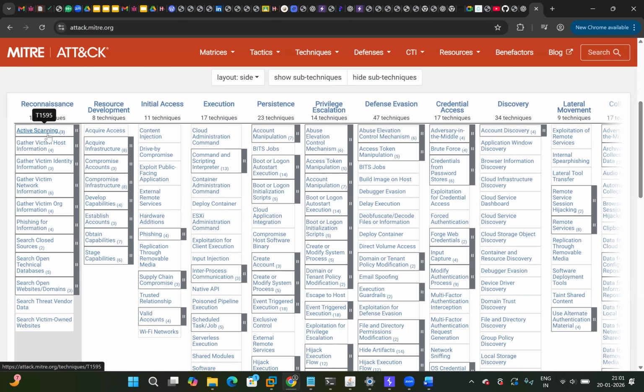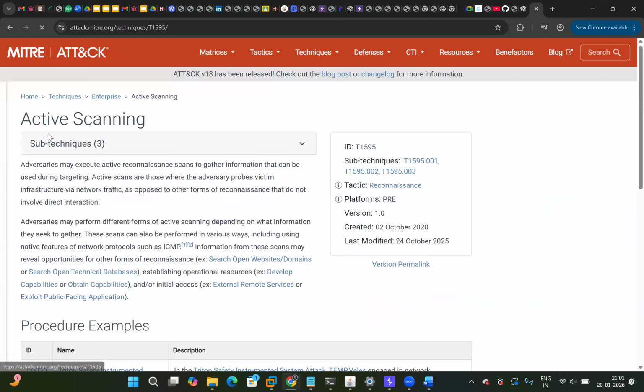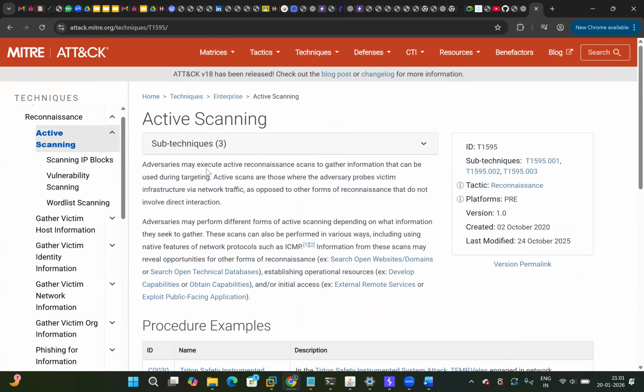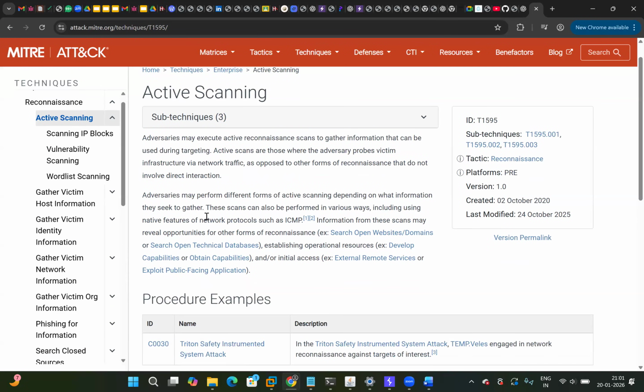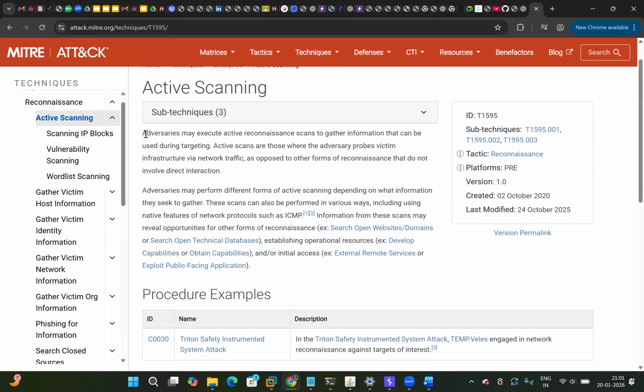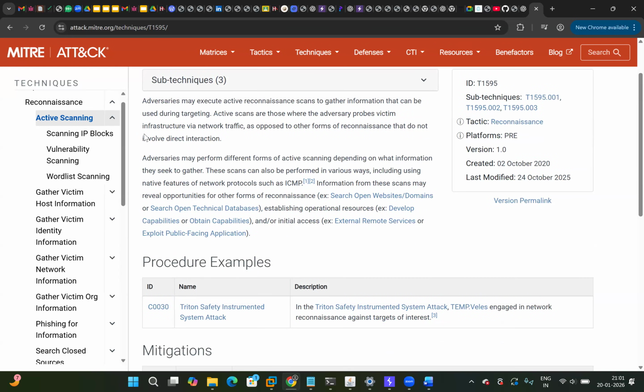It can be done with active scanning, where we are in direct contact with our target and scan it directly. This is one way to perform reconnaissance, so it becomes one technique.